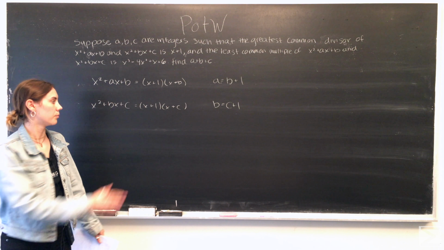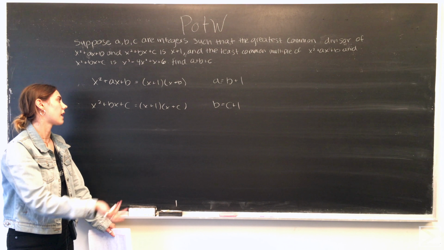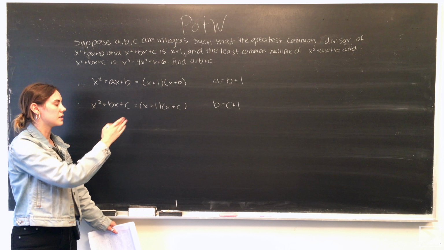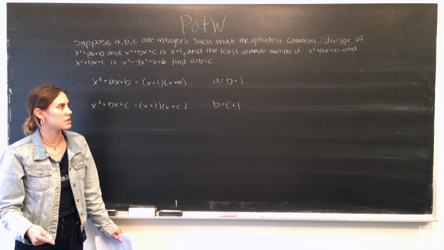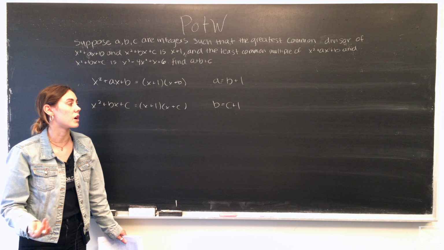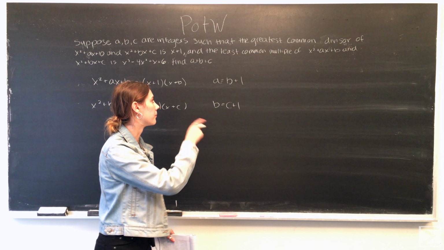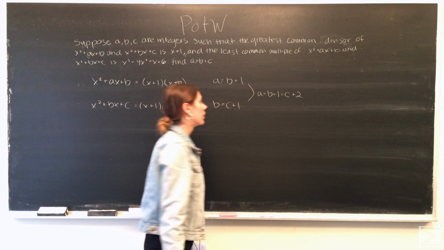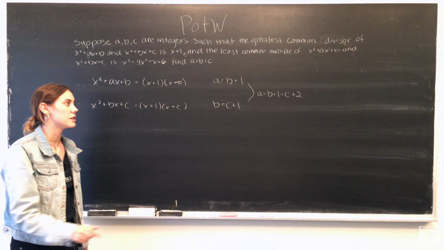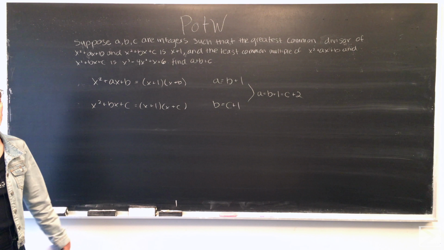Multiplying this out, we see that b is equal to c plus 1. So now we have two little equations, and we can write one single equation for what a is equal to, combining these two. So a is equal to b plus 1, which is equal to c plus 2.